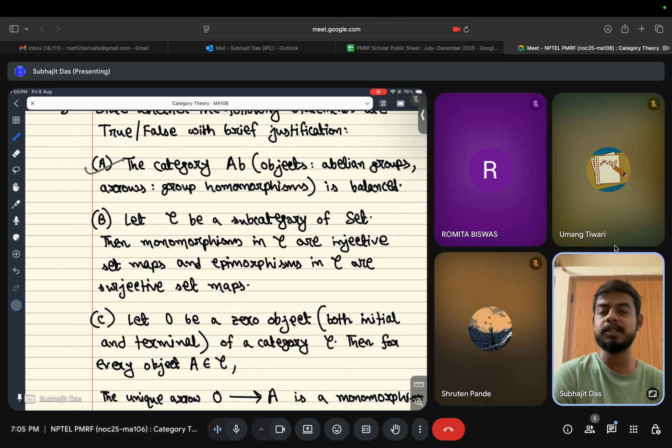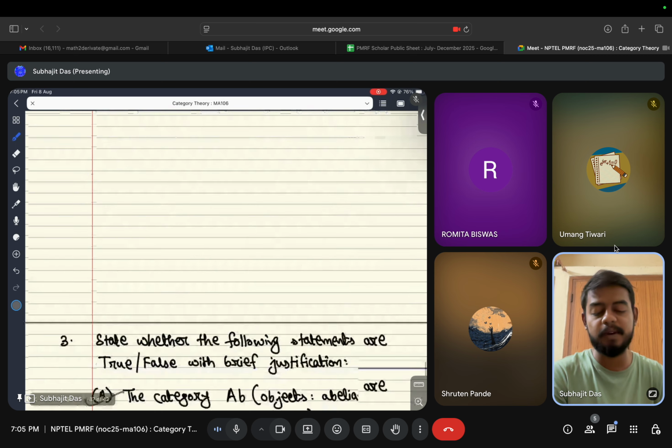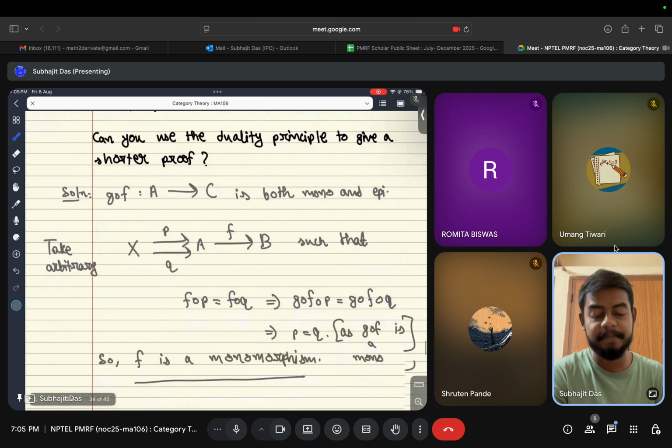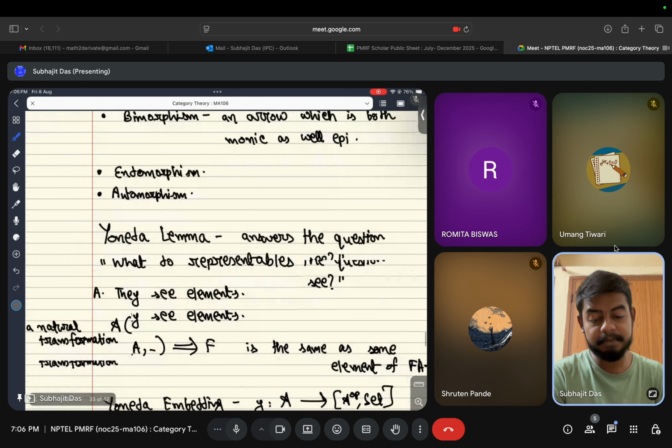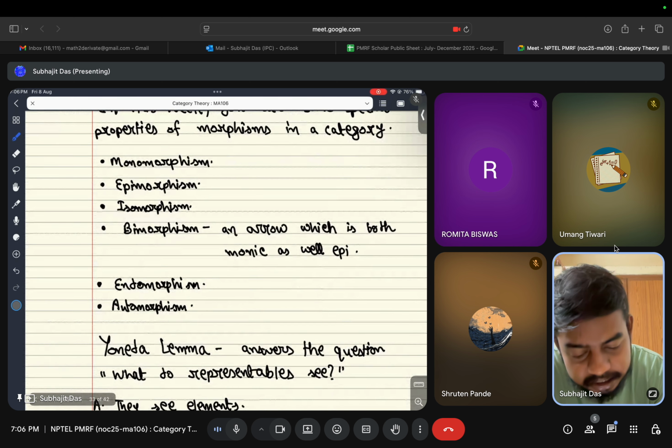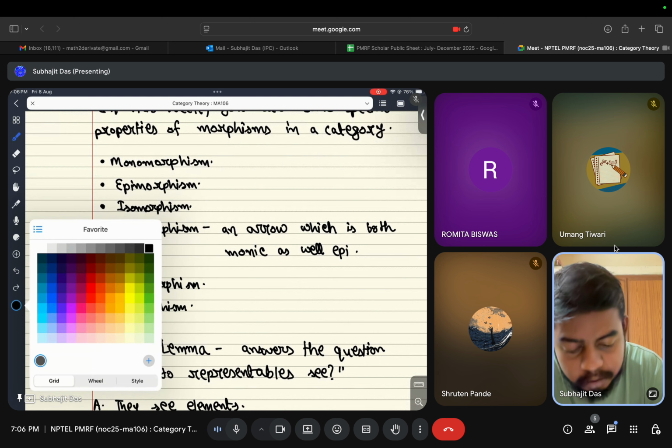This is not true for split monomorphisms, right? You have also studied what split monomorphisms are, which I didn't mention in the beginning. So you also studied split monos this week. So what are split monomorphisms?